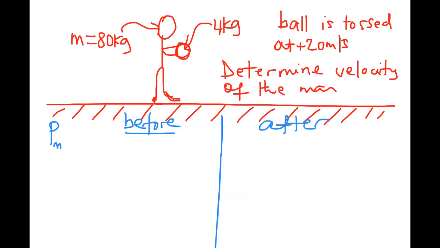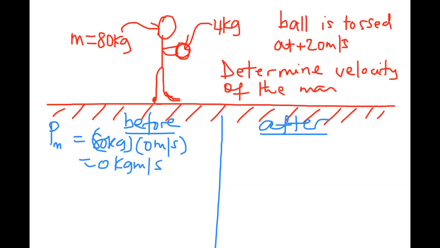Momentum of the man before is just 80 kilograms times 0 because the man is not moving initially. So that will be 0 kilogram meters per second. And then we have the momentum of the ball.